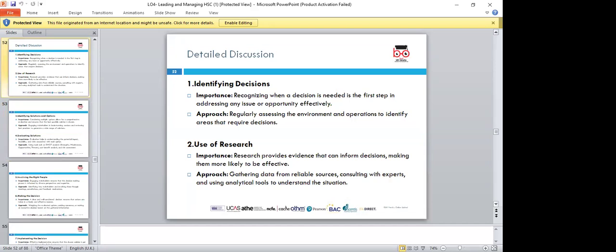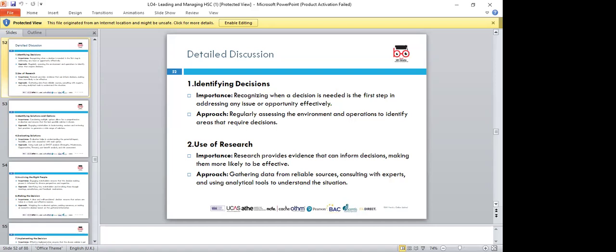So, one, identifying decisions. It's important that we are able to recognize a decision is needed in the first stage in addressing any issue or opportunity effectively. So you are able to identify those first stage decisions. Then you can put an approach to it.